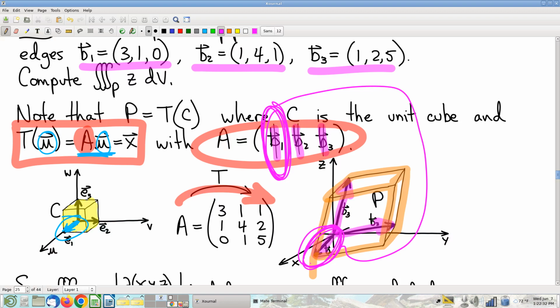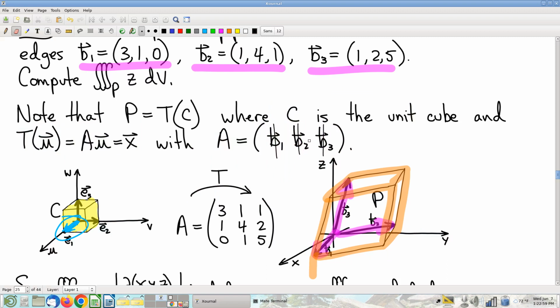So the first edge of the pullback, the claimed pullback, is the first edge of my actual domain. And likewise for E2 and E3. So you can see that that means that the full pullback is that unit cube that produces this parallelepiped. So real nice move, and that's the trick. Make sure to always follow this trick in circumstances like this.